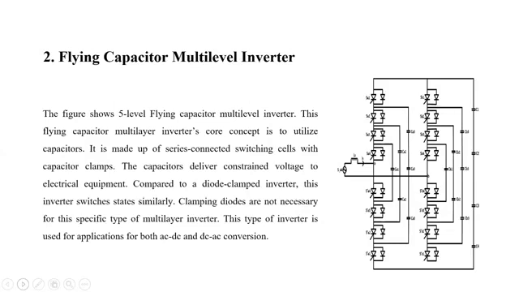Compared to a diode clamped inverter, these inverter switches state similarly. Clamping diodes are not necessary for this specific type of multi-level inverter. This type of inverter is used for applications for both AC to DC and DC to AC conversion.